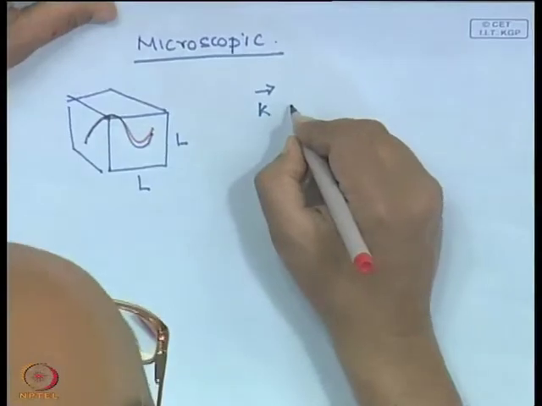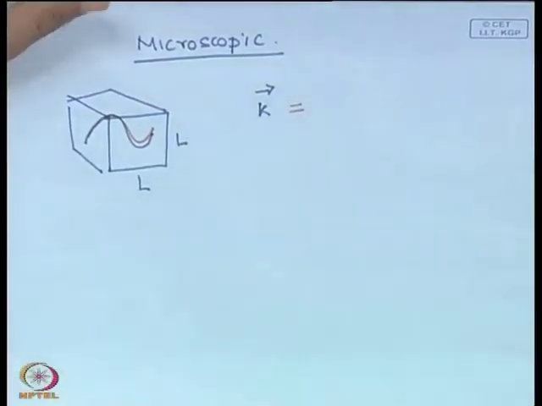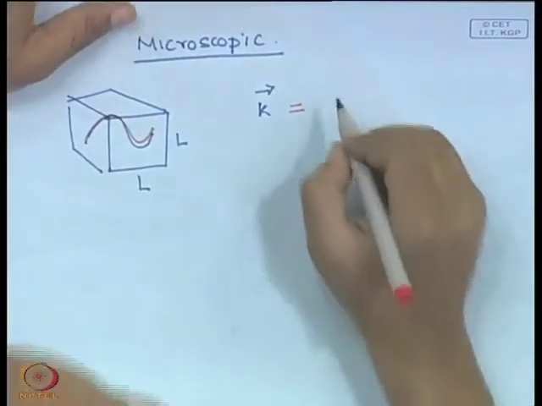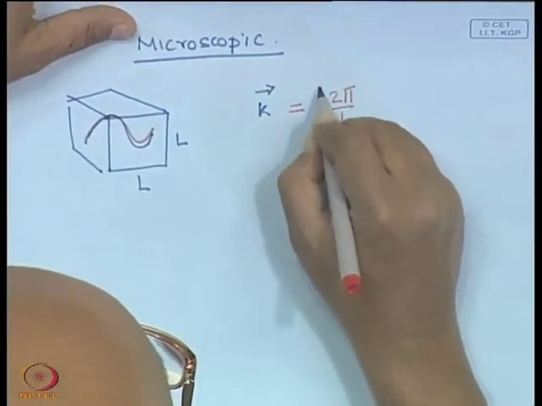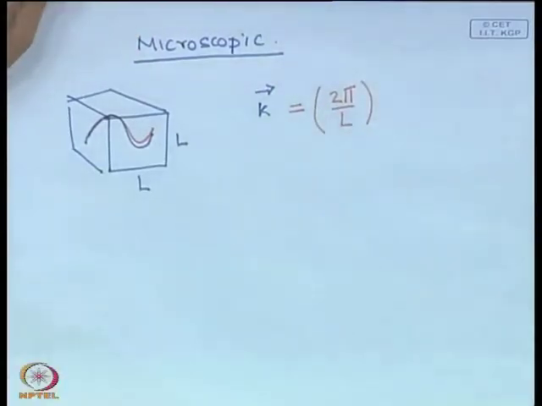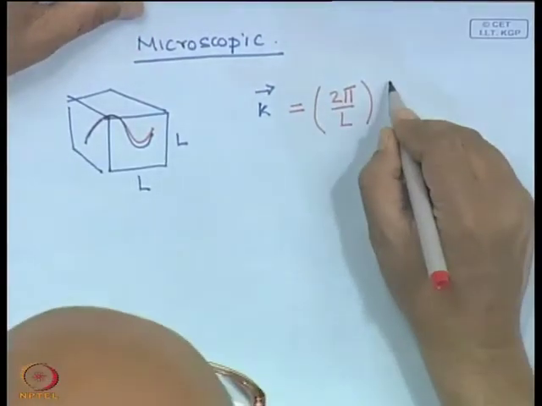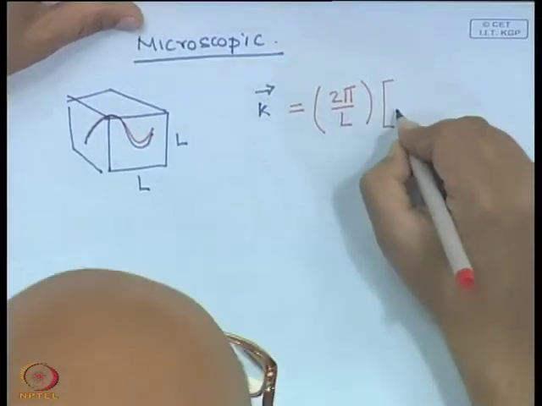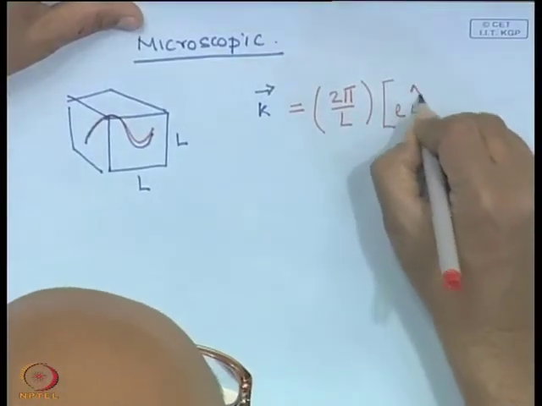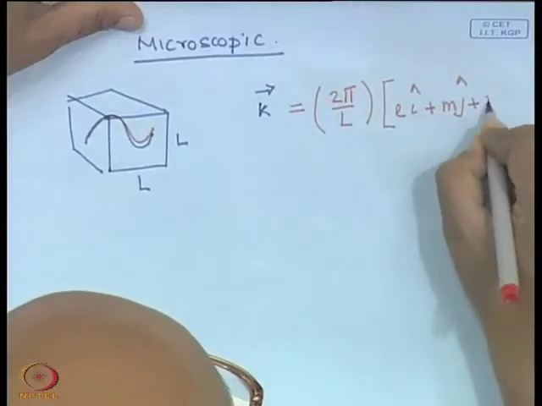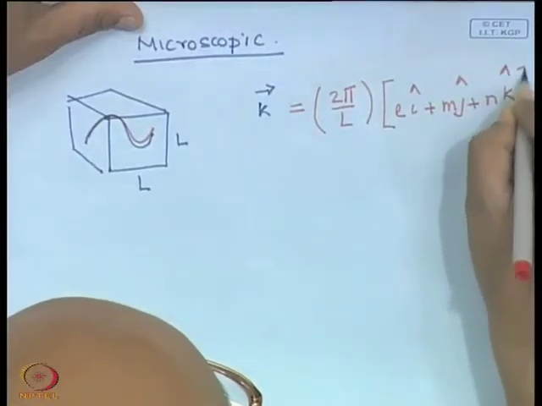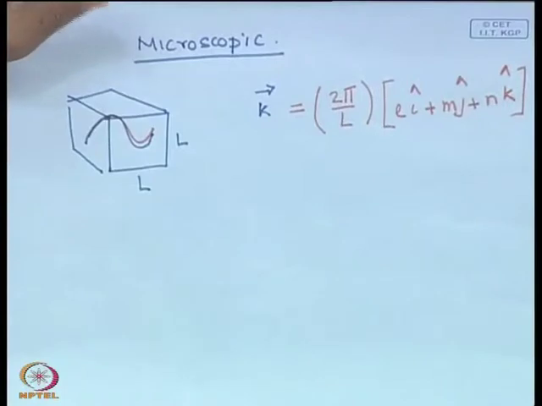So, what you can say is that the wave vector for all possible electromagnetic waves inside this can be written as 2 pi by L into, let us say, l i plus m j plus n k, where l, m and n are integers.